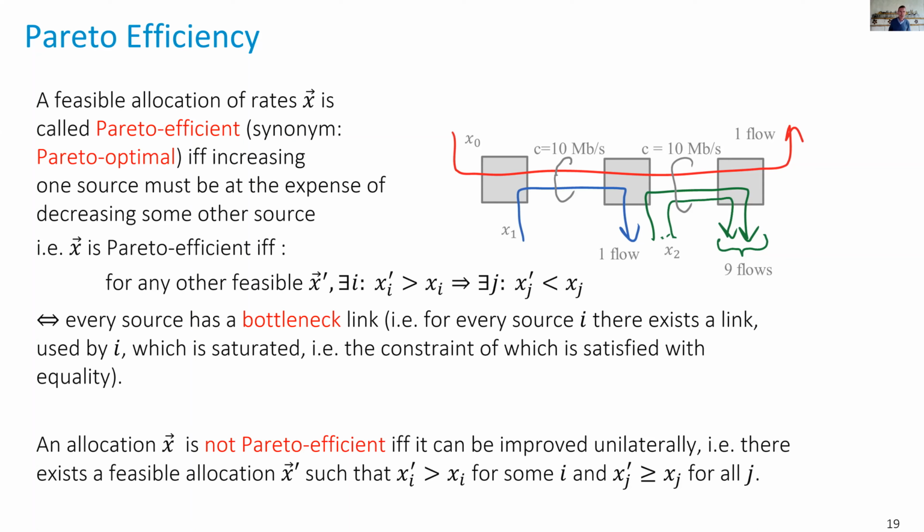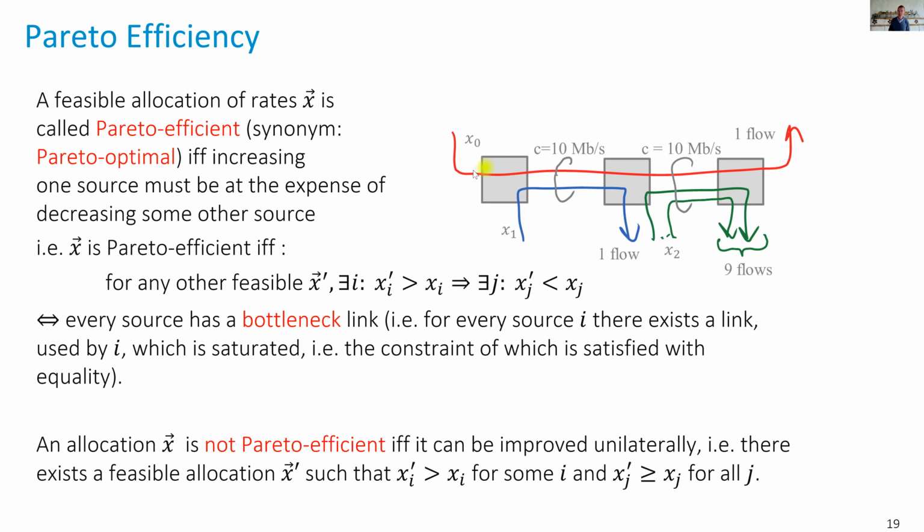So this relates to an important concept in networking, but also in other domains, called Pareto efficiency. So we cannot simply look for the allocation of rates that will be giving the maximum sum, because it's probably not something we would like. You don't want to run your network such that x0 is completely shut down.